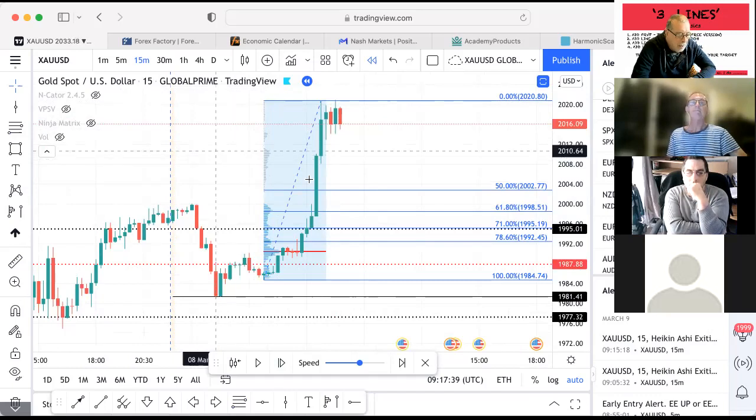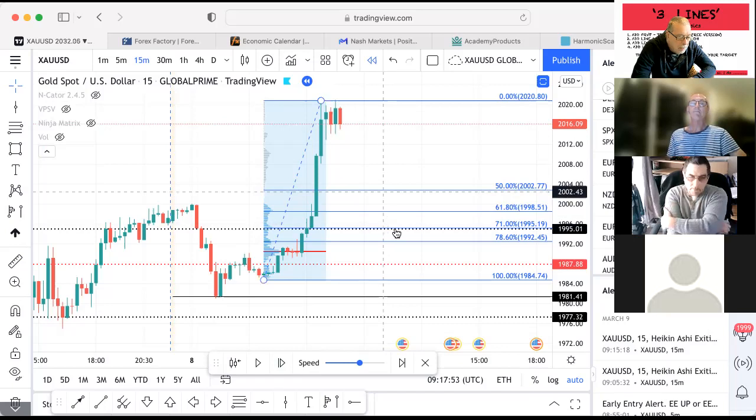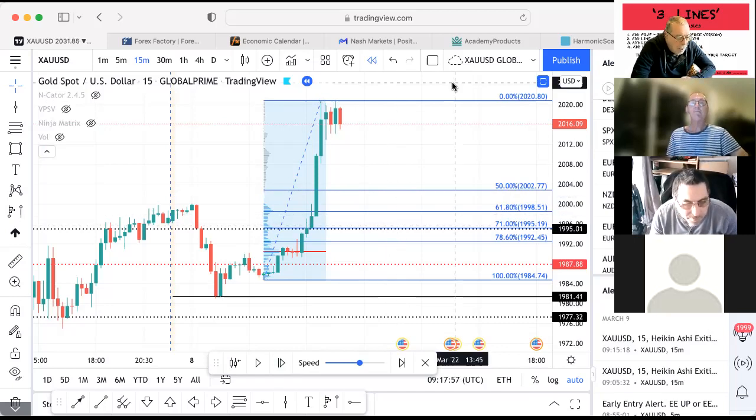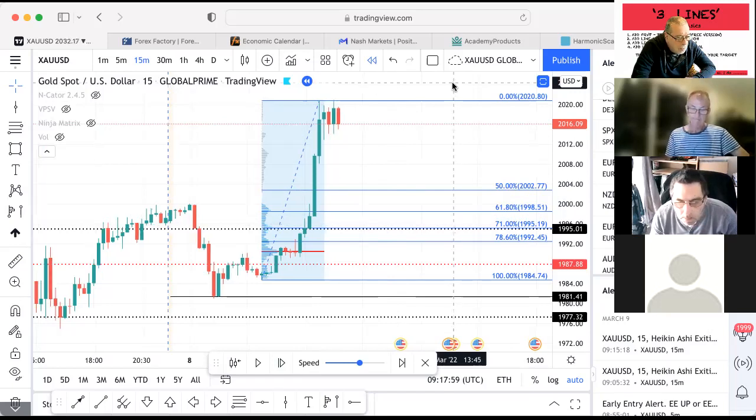And Anastasia's theory is that price will probably retrace at least down to the 50% mark and possibly even down to the 71% mark, and then start its journey back up again.